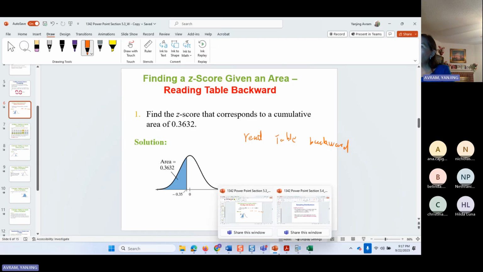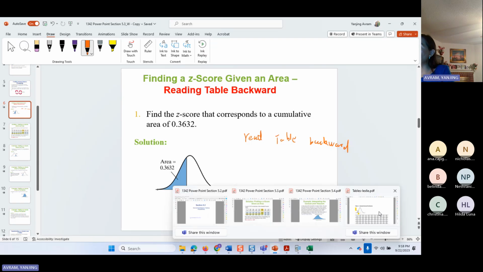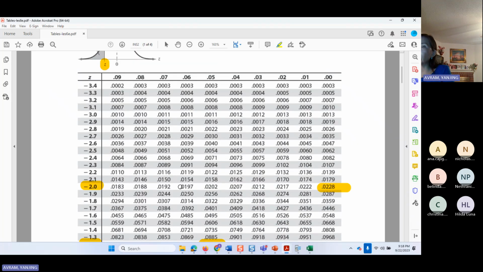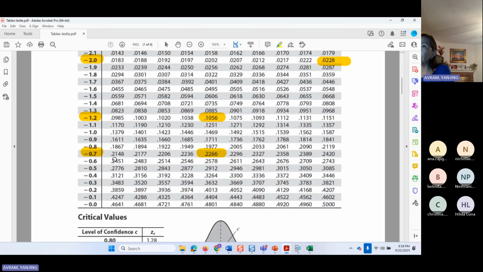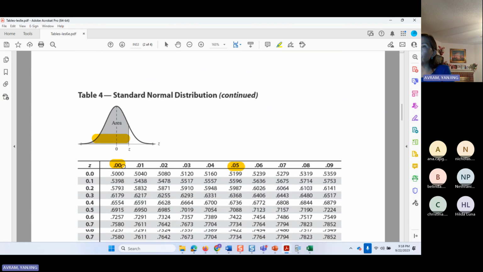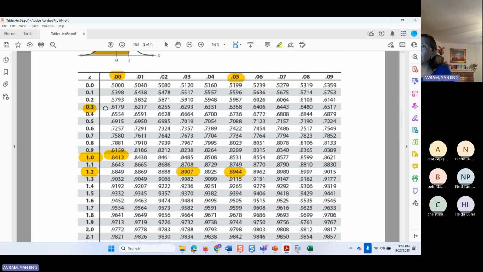Okay, we just learned forward, right? Forward is always easier. If I'm giving you 0.32, then 0.3 right here, 0.32 right here, so we can read the z-score right away.